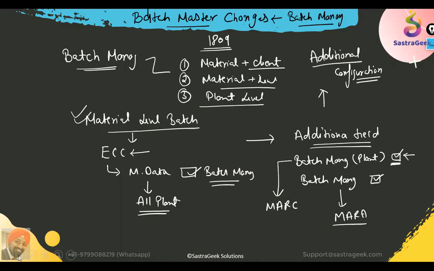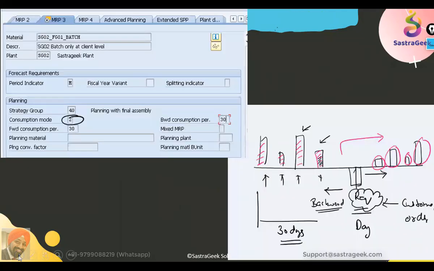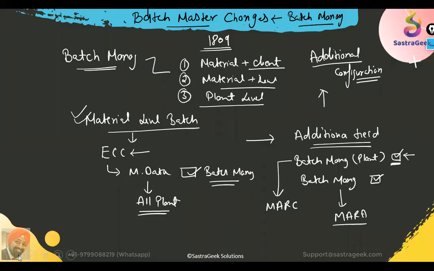Although for the same material, material level batch is activated at the other plants, for a particular plant, you can switch it off. We have made the changes in the system. We have also seen an additional configuration which has been given to tick this field by default. So that configuration also we have gone through. So this is what we have covered in our last session.